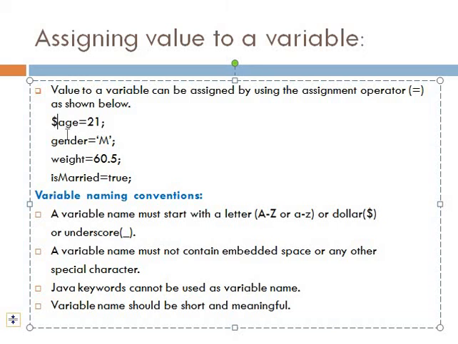Okay, so this is also acceptable. Or you can start it with an underscore. So instead of dollar sign, if you put an underscore, this is also acceptable. Okay, so you can in fact declare variables starting with a dollar sign as well as an underscore, or with the letters from A to Z.